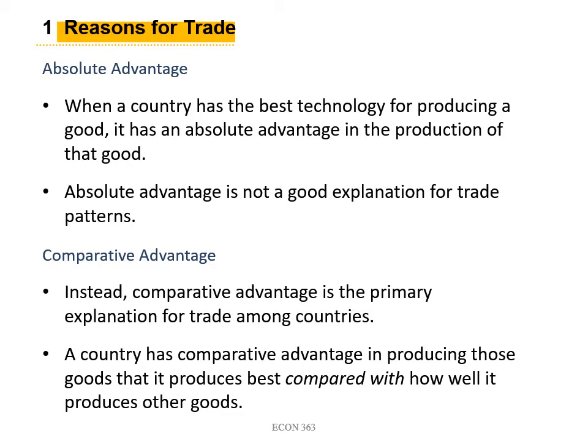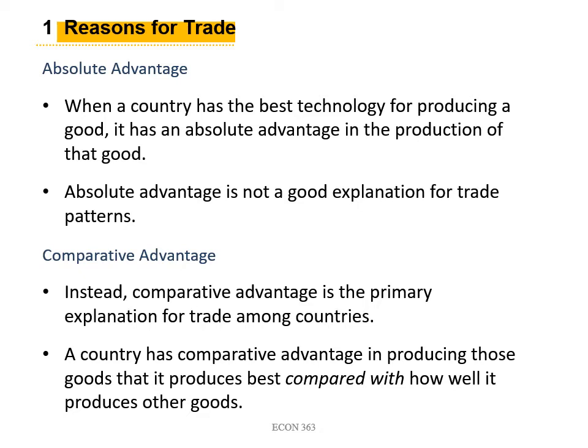Now, Ricardo was the first person to realize that absolute advantage in the production of goods does not explain trade. Now, by absolute advantage, we kind of mean the country that can produce a good at lowest absolute cost in terms of dollars per unit. And that is the intuition that people will have, but it does not explain trade patterns.